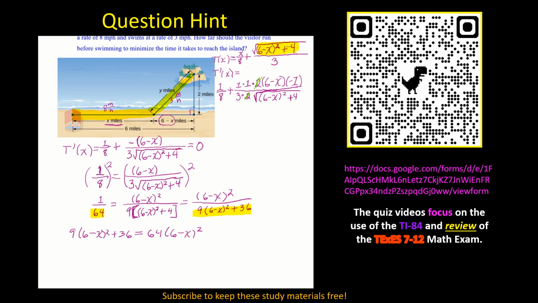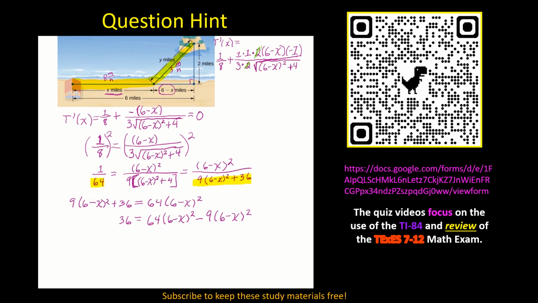Now we've got to look at this and say, okay, what is this going to do for us? What this does for us is we see that we can simplify a little further and get all the like terms on one side. So we have 36. This equals 64 times 6 minus x squared, minus 9 times 6 minus x squared.